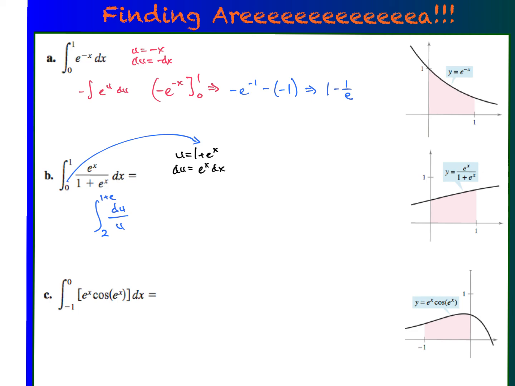So now, what is my antiderivative of du over u? Natural log of absolute value u. And I'm going to go from 2 to 1 plus e. All right, and so now I just substitute in 1 plus e. So now I have the natural log of 1 plus e, and then minus the natural log of 2. All right.